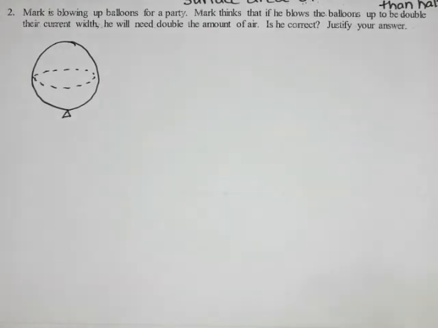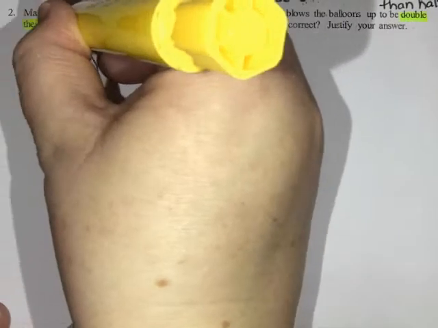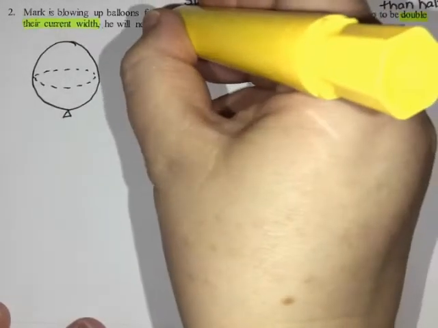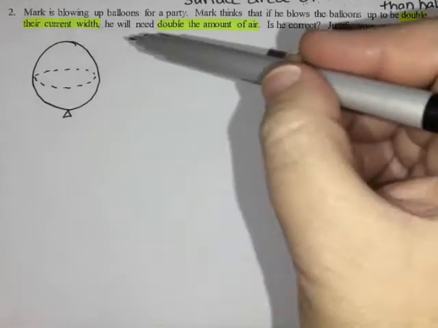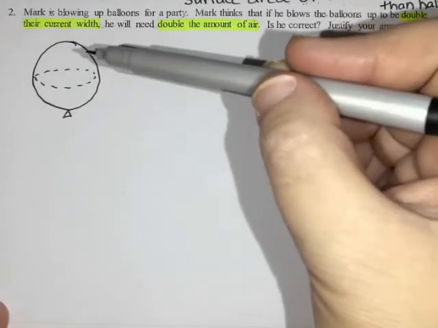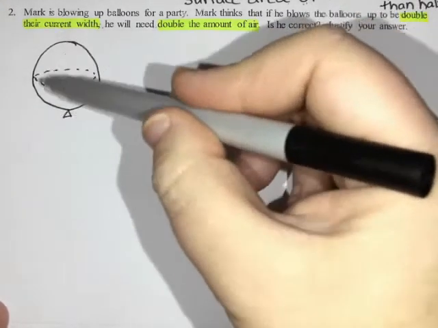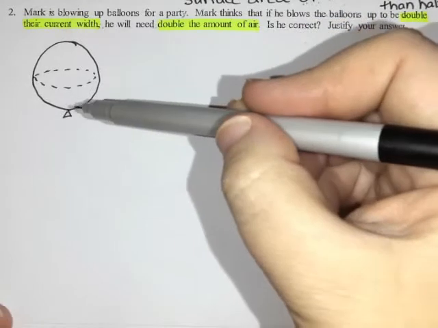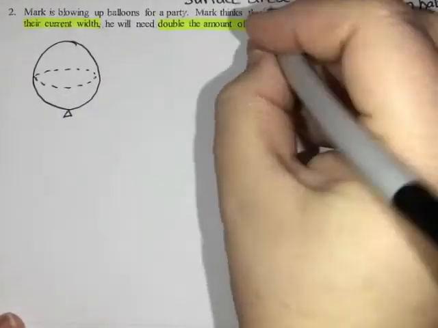He thinks if he blows the balloon up to be double the current width, he would need double the amount of air. The amount of air is on the inside of the shape, and that is volume. If I was talking about the amount of latex it makes to make the balloon, that would be the surface area. But since we're talking about what's inside, that is volume.